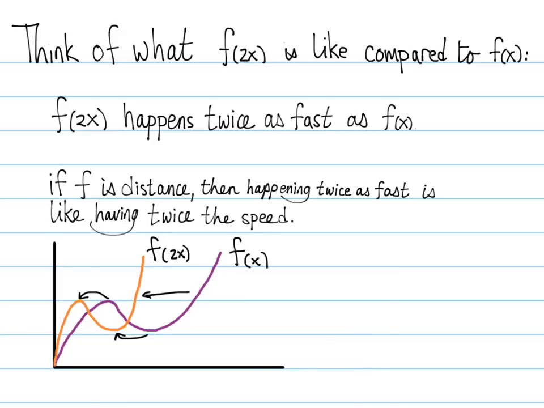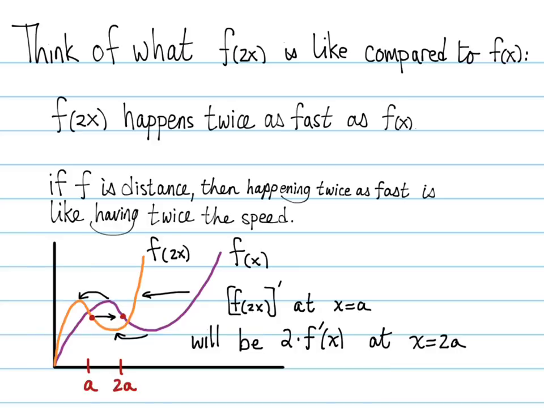Well, f of 2x happens twice as fast as x. Every time you change x a little bit, 2x changes twice as much. So the speed at which things change is twice as fast when you replace x with 2x. And remember, the derivative is like speed, so if things are happening twice as fast, the slope should be twice as big.